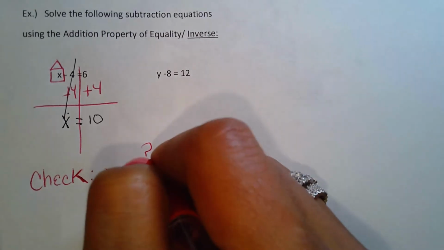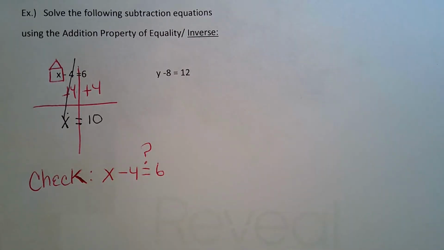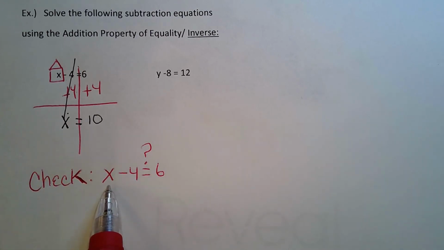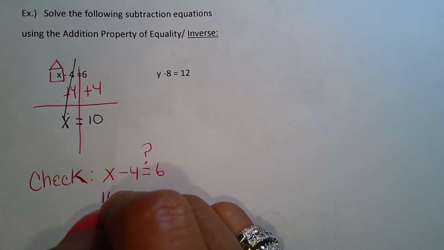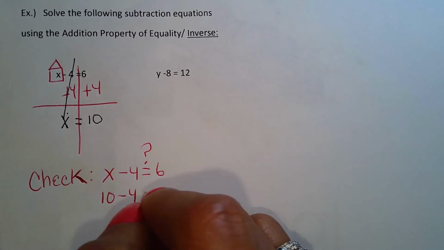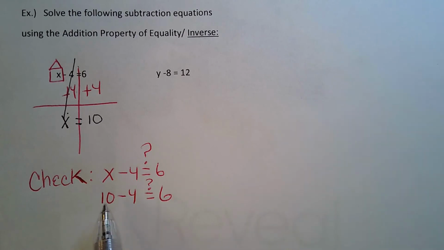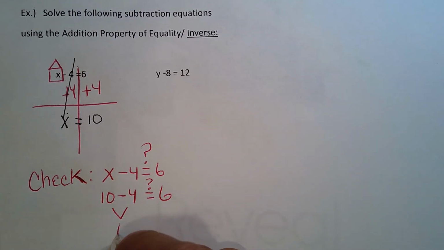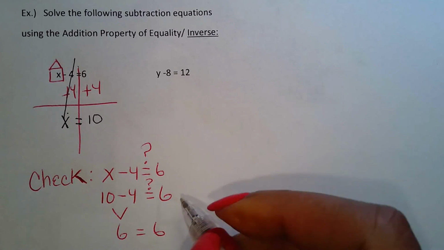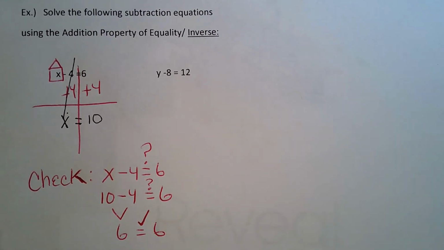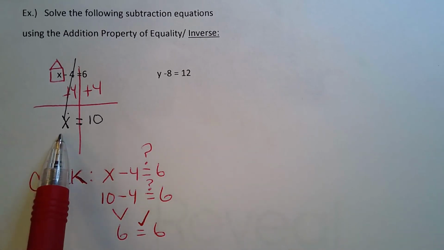I'm going to put a question mark around the equal sign because I'm testing to make sure that my answer was correct. And my value for x was 10. So in the place of x, I'm going to put 10 minus 4. And again, I'm testing that to see if it'll equal 6. 10 minus 4 does simplify to 6. 6 always equals itself. So that just lets me know that my answer is correct. So my value for x was 10.